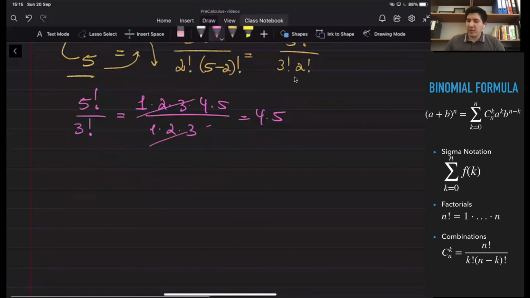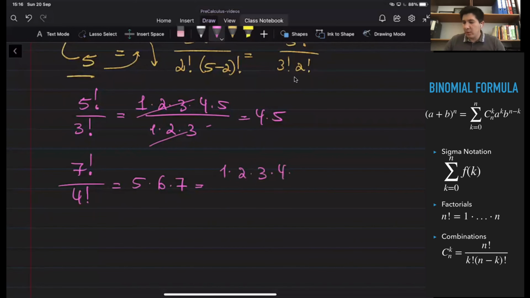In general, for example, if you need to divide 7 factorial by, I don't know, 4 factorial, this division is going to be equal to 5, 6, 7, right? Because on the numerator you have the numbers from 1 to 7, and on the denominator the numbers from 1 until 4, and we can cancel those terms.